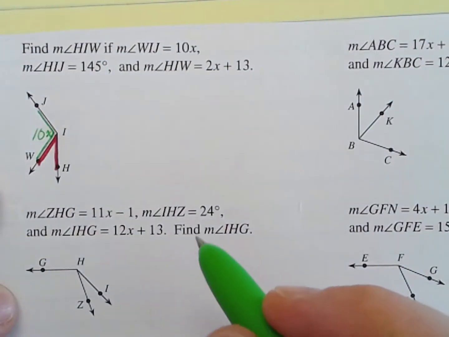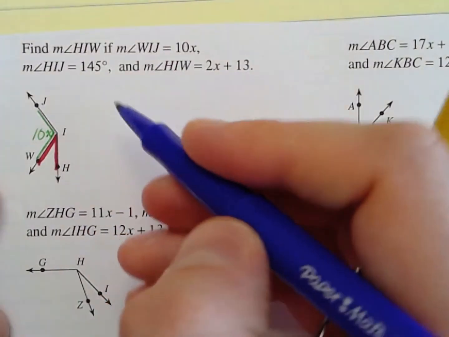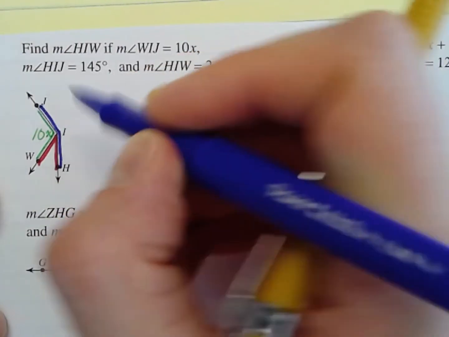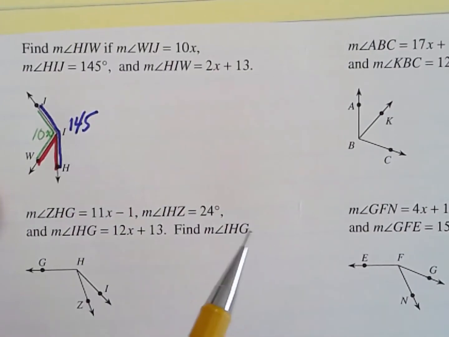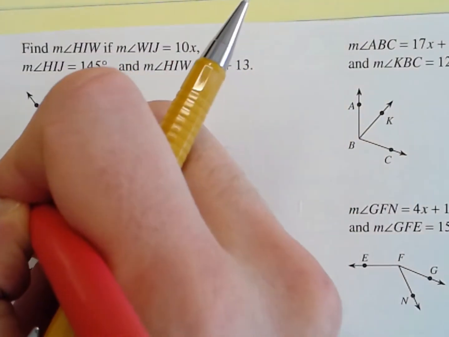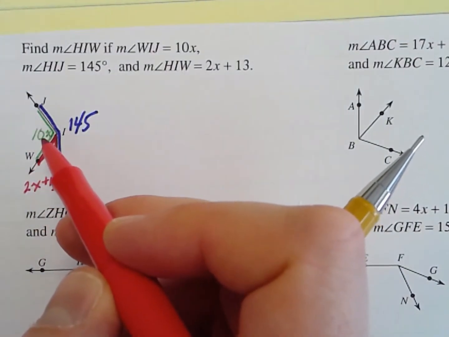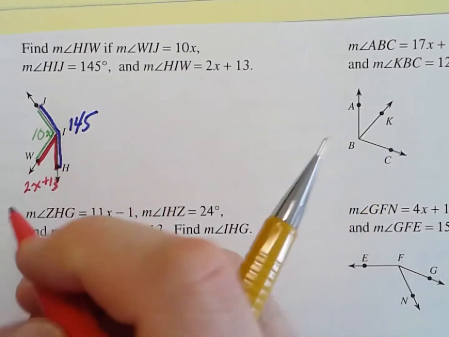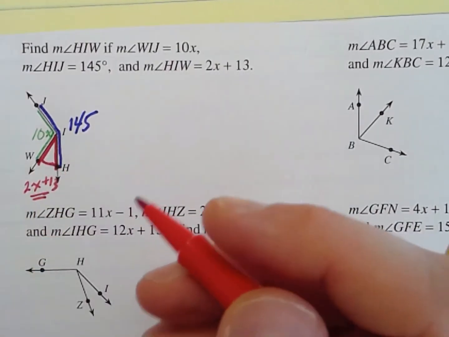HIJ is 145. And HIW is 2x plus 13, so the one that we want is also 2x plus 13. Notice that here we're going to have to solve for x and then plug x back into that expression to find the answer that we want, because we want that angle. We don't want to find what x is.